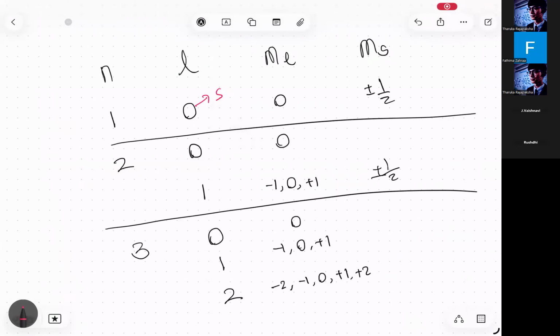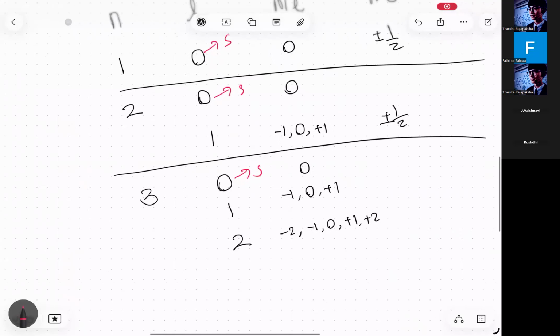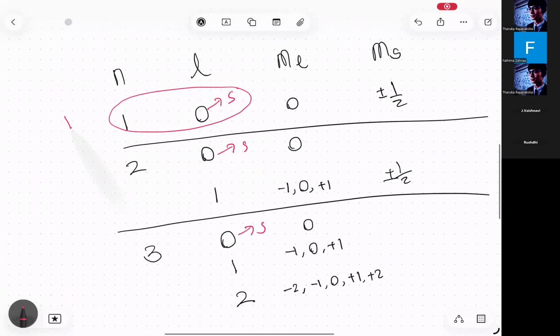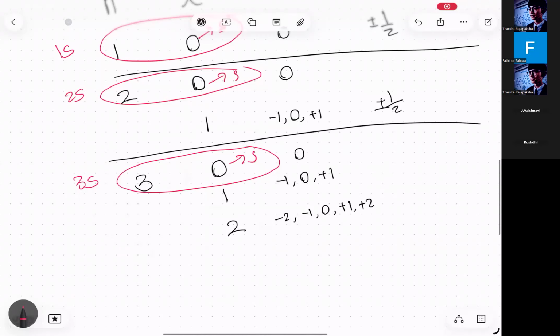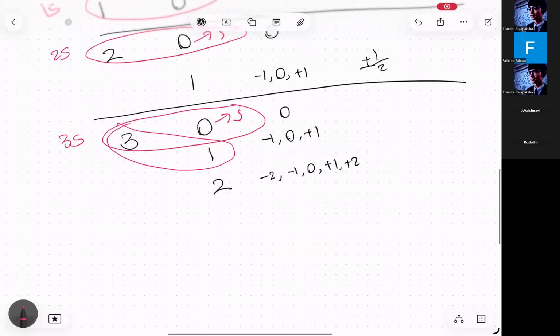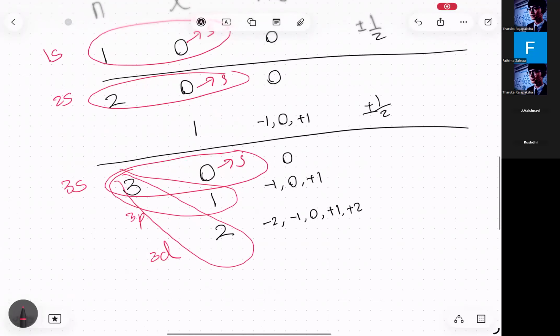When 0, it is s. So it's actually 1s, this is 2s, this is 3s. And then this one, 3p. Then this one, 3d. You get the idea, right? This one is 2p.